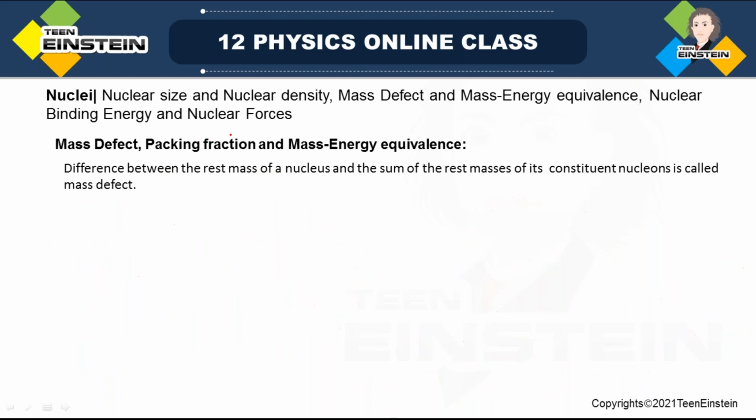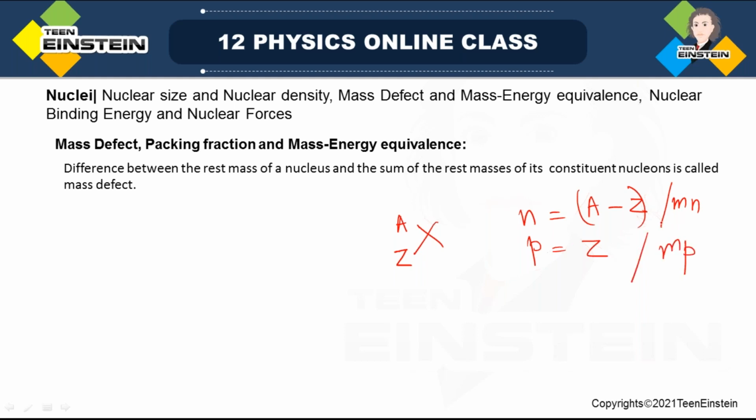Let me now take a specific example, writing the composition of the nucleus as Z, A. Number of protons P is Z. Number of neutrons will be A minus Z. As I said, let the mass of the neutron be denoted by Mn and the mass of the proton by Mp.